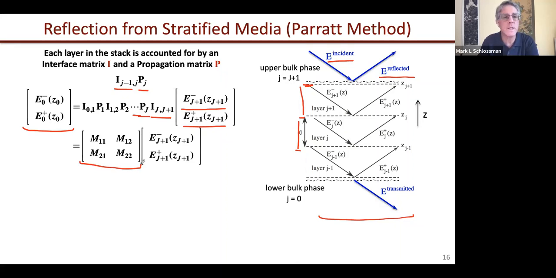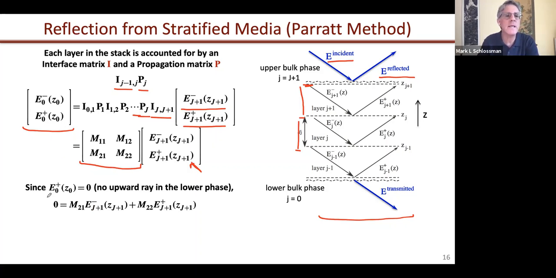But then the question becomes, how do you get the reflected electric field out of this? You want to pull out one of these pieces. Specifically, you want to pull out this piece. And the way to do that is to realize that this E0 plus, the wave going up in the lower bulk phase, doesn't exist.